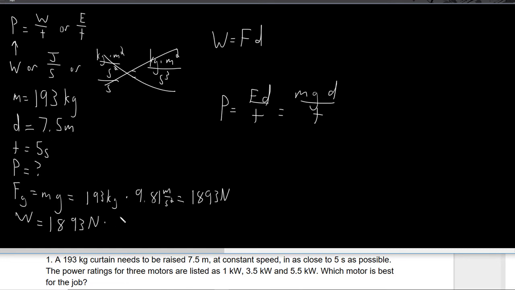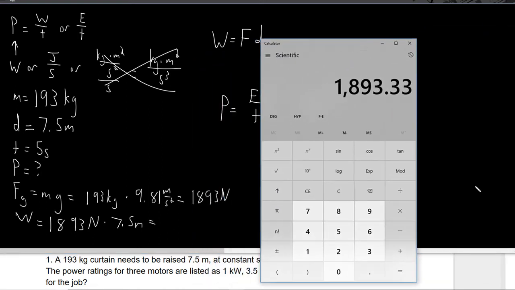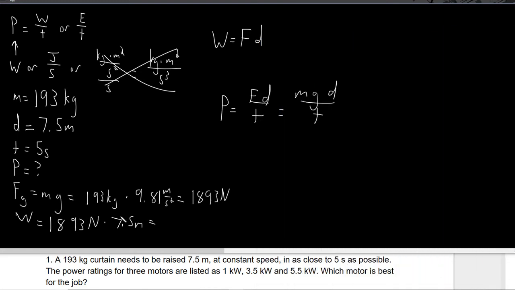The distance I'm raising it is 7.5 meters. Times 7.5. Let's call that 14,200. So we've got 14,200. Work is the type of energy. It's in joules. All right, the transfer of energy, I should say.